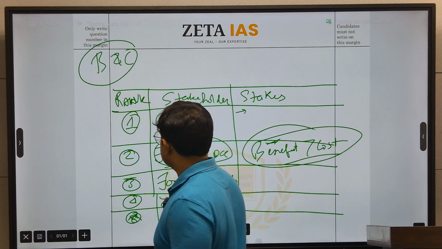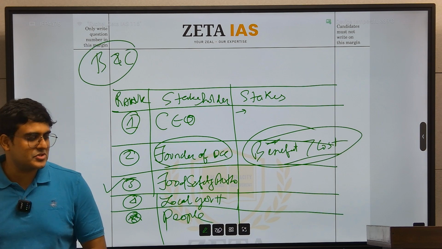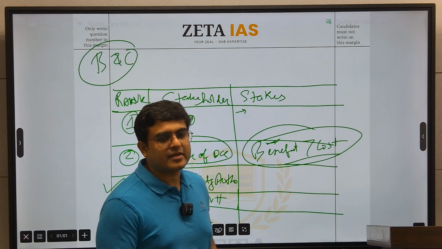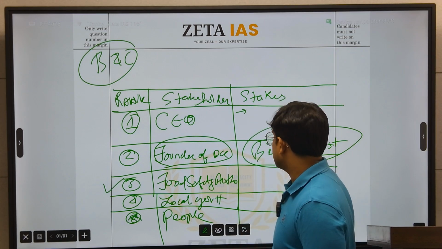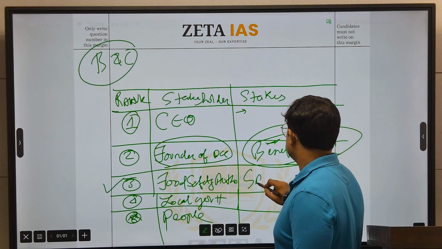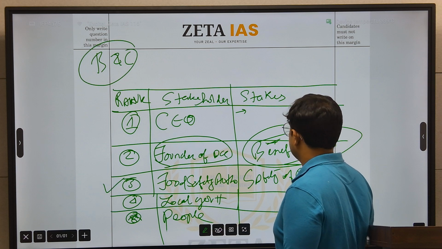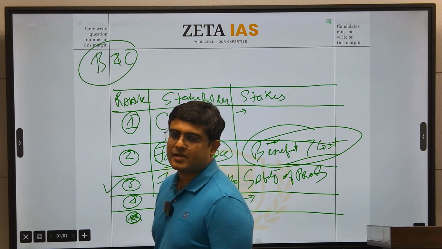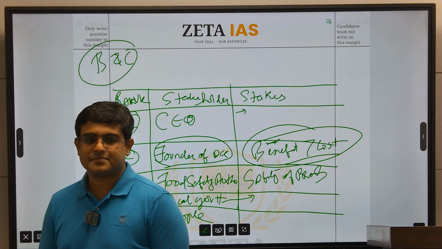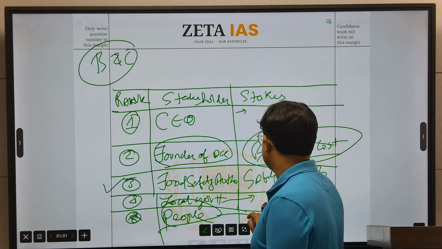Now next is food safety authority. What are their stakes? In actuality, they should ensure that all the products reaching the market, the consumers, are safe to consume. So, safety of products. Local government, in this case, supplying clean water. Those are the stakes. And people, what are the people's stakes?